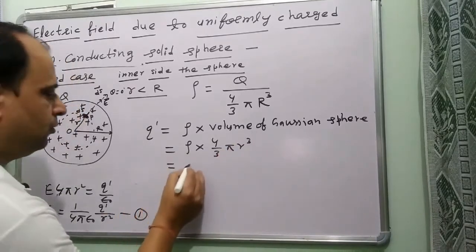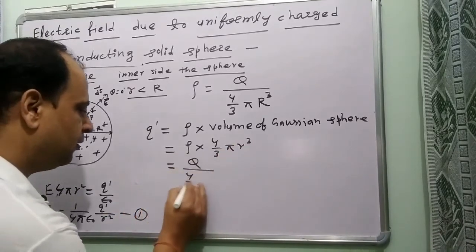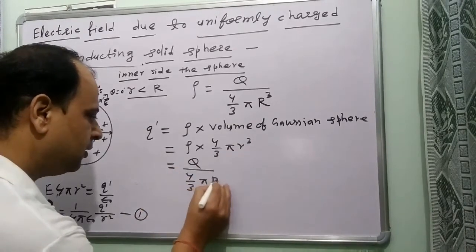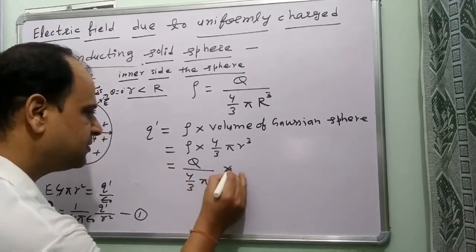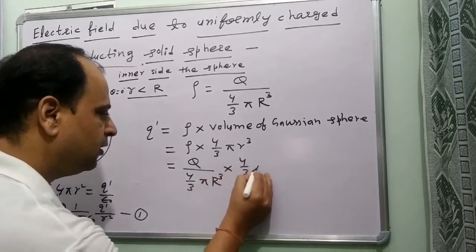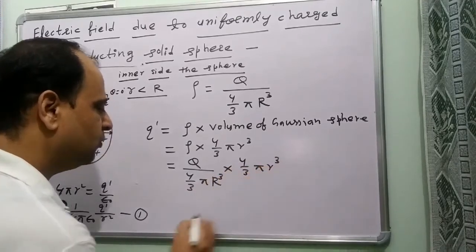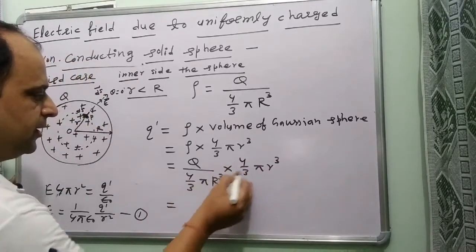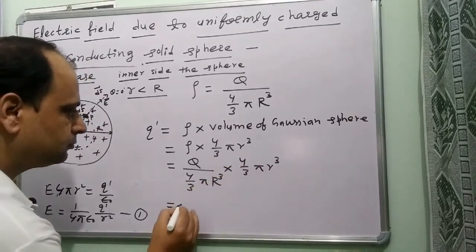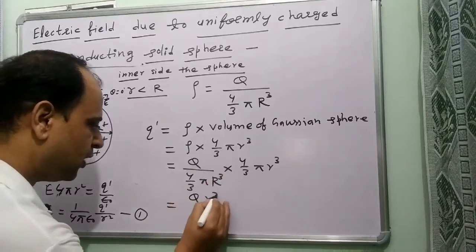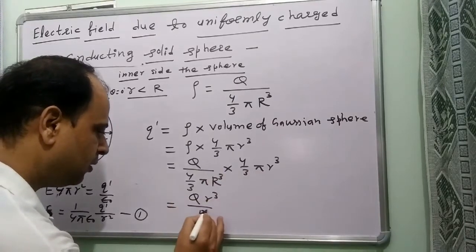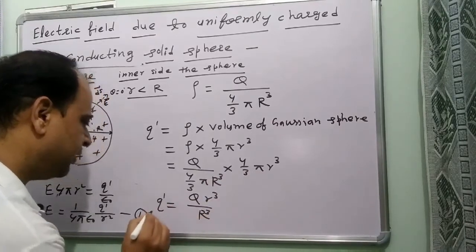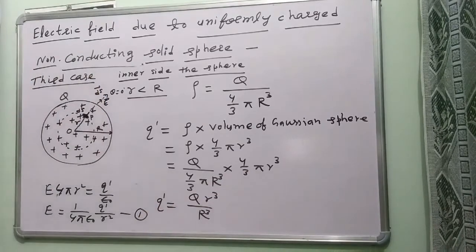We put the value of rho, Q upon 4 upon 3 pi R cube, times 4 upon 3 pi r cube. Then 4 upon 3 pi cancels. So q dash is equal to Q r cube upon R cube.